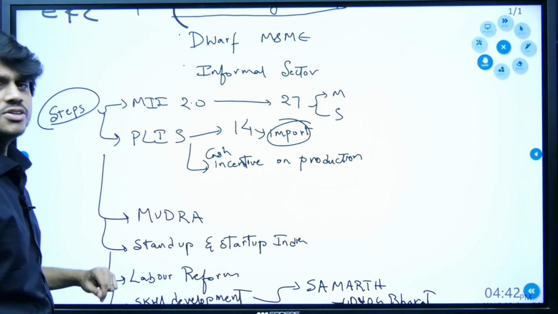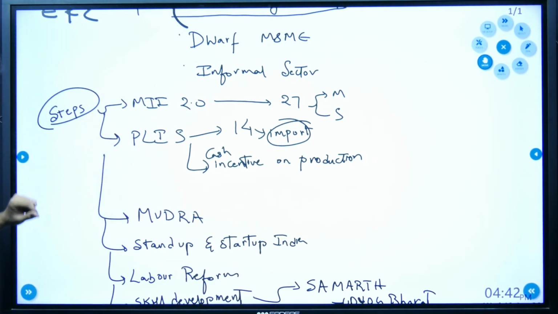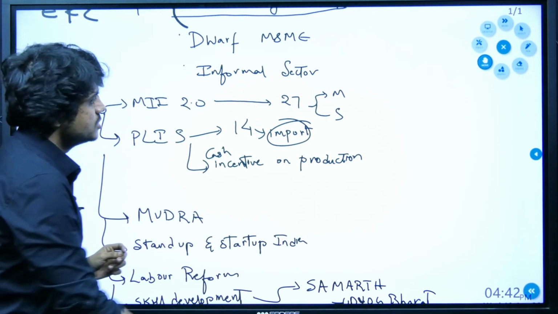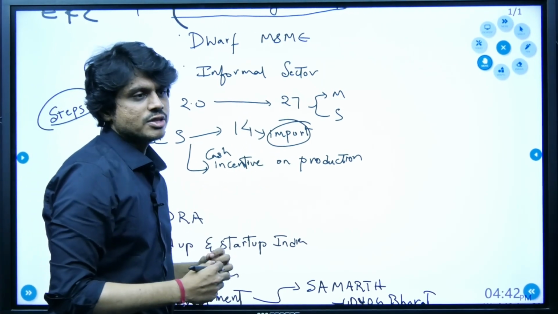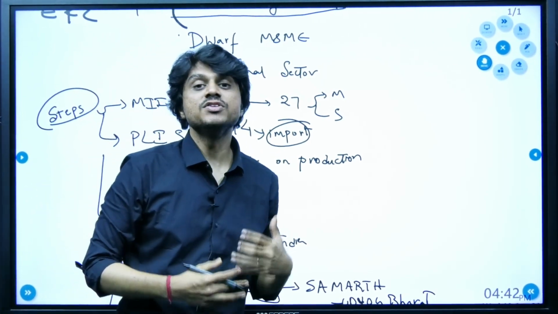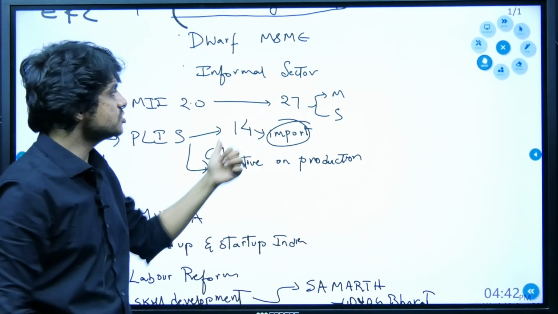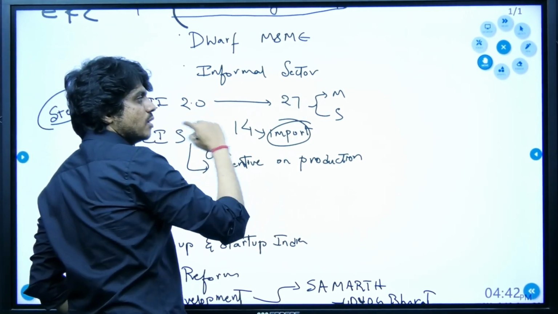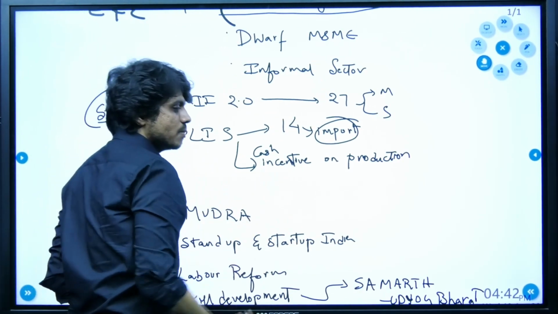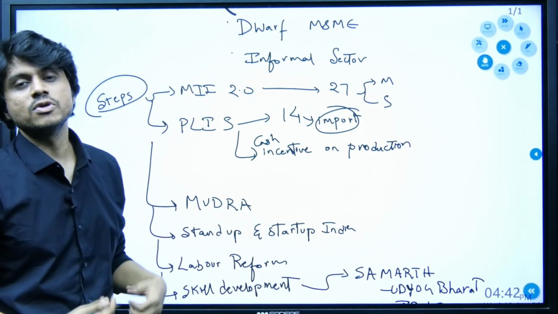So the various initiatives taken for industrial sector development include Make in India 2.0. Under Make in India 2.0, they want to promote industrial and manufacturing development within India. For this, they are focusing on 27 sectors. Under these 27 sectors, they are trying to bring new change and new forms of mindsets.